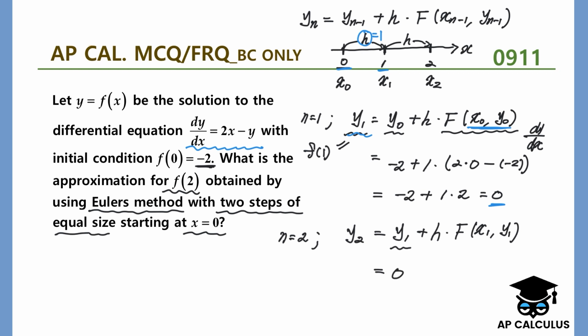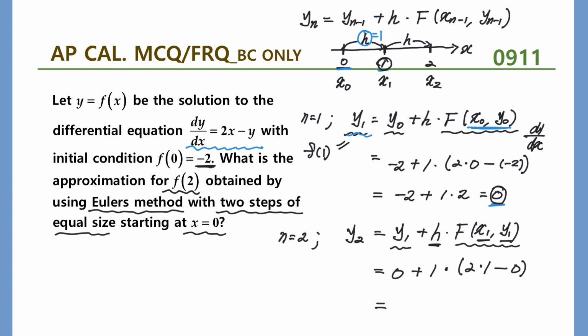So that's 0 plus h, the step size is 1, times the slope dy over dx at x1 comma y1. x1 is 1, y1 was 0, so the slope is 2 times 1 minus 0. So that's 0 plus 1 times 2, that's 2. So our approximation of f of 2, which is equal to y2, is equal to 2.